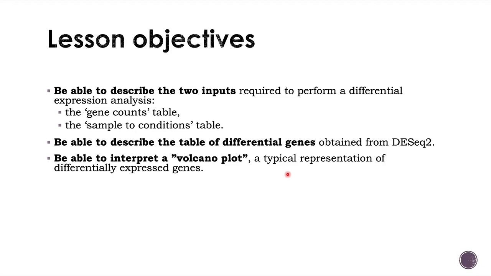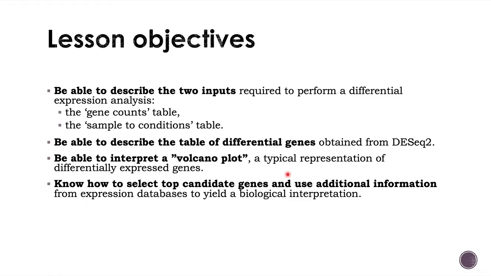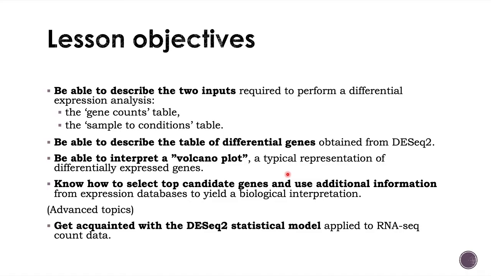This figure is called a volcano plot, and we will see in detail in this video how you can describe it. You will also learn how to select top candidate genes and how to use additional information from external expression databases to yield a biological interpretation of a differential gene. There are also more advanced topics, but they will not be in this video, but in a later one.